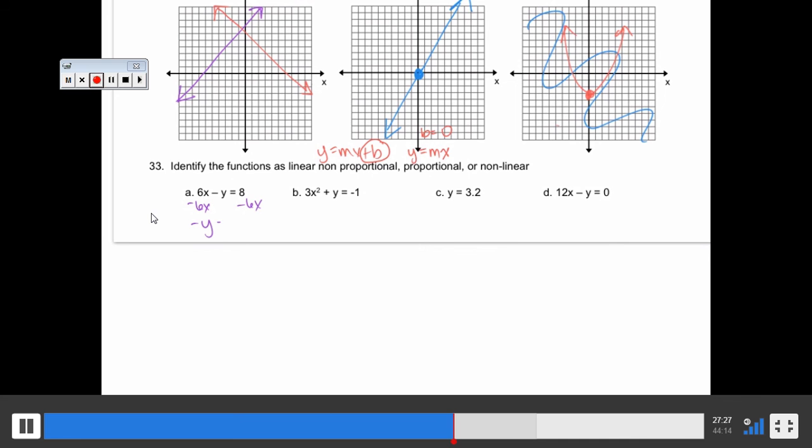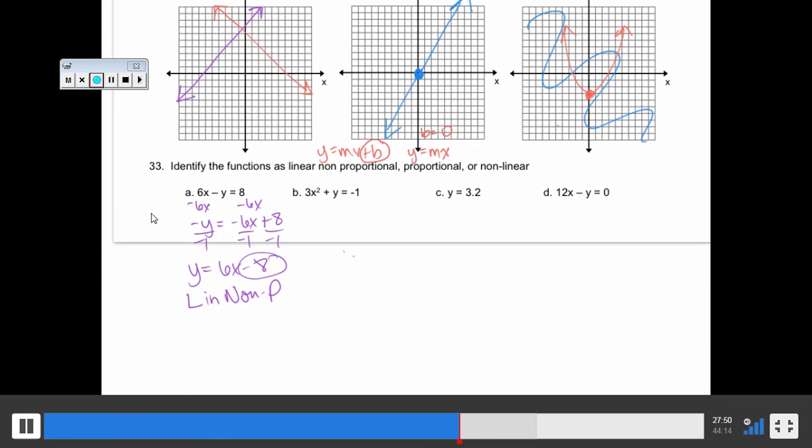So on the first one, I can already tell that this is going to be linear, non-proportional, because I can get it in y equals mx plus b form, but it has a b, it's not 0.